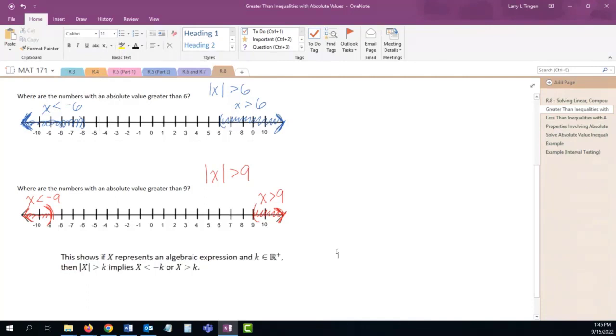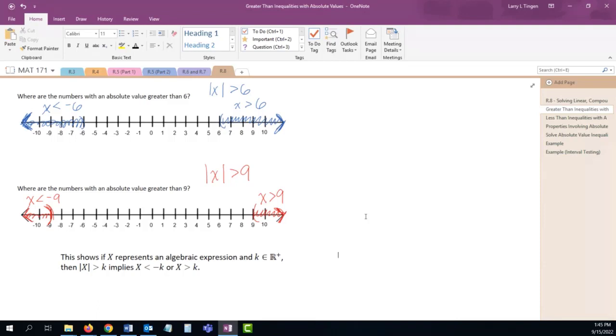Let's go a little larger here. Notice something's changed. In my problems above, I have a lowercase x. Down below, I have an uppercase X. Uppercase X usually denotes an algebraic expression, meaning it can have multiple terms, some of which have x in them.